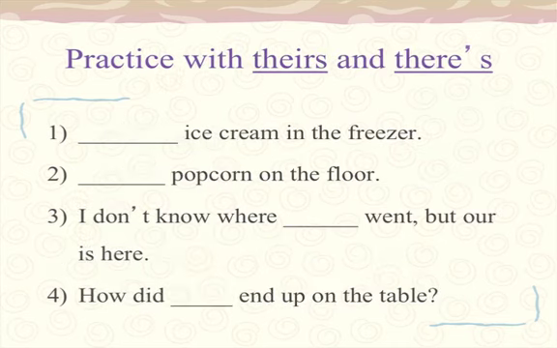Here we have some practice with their and there. The first one showing ownership, and the second one showing location. There is something somewhere. THERE apostrophe S is the contraction for there is.